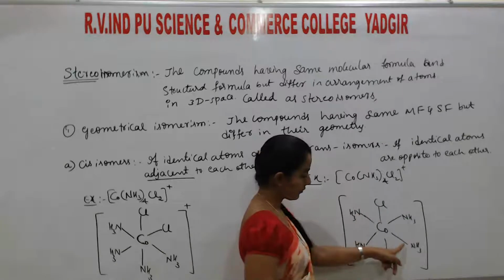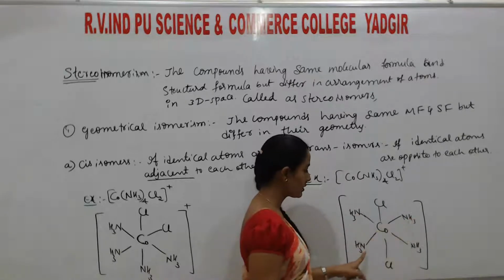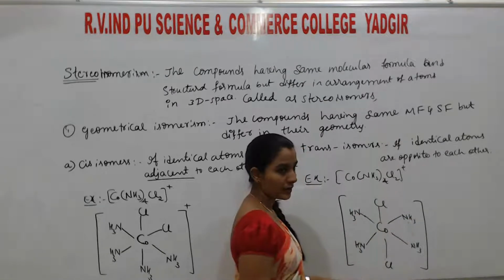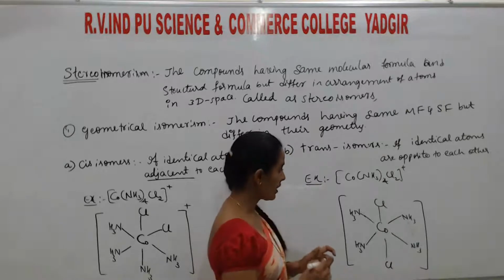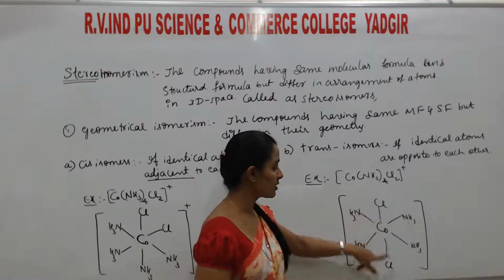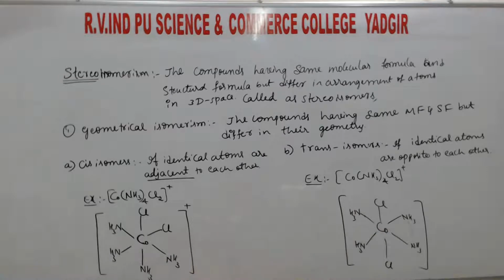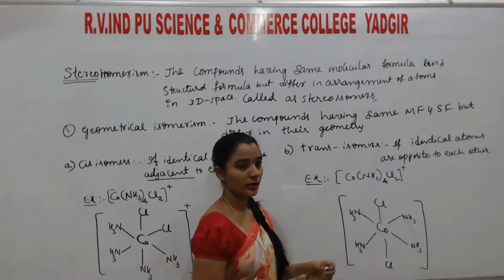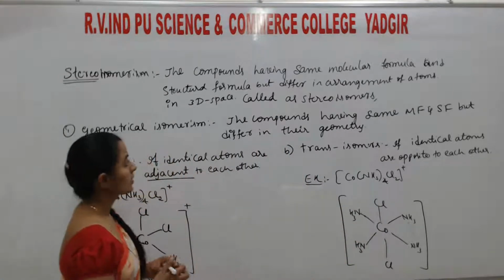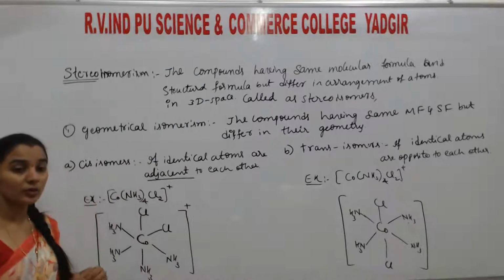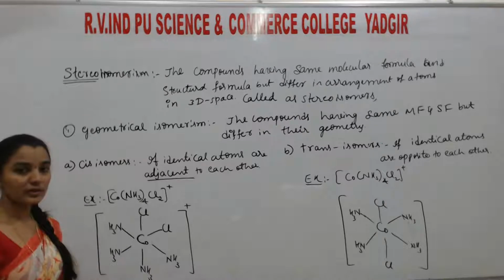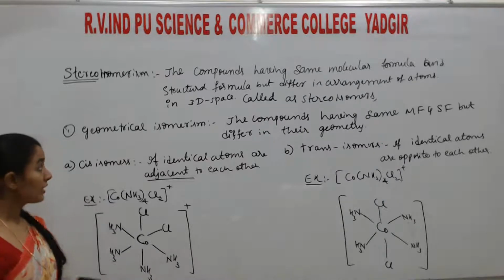If you consider this, of course this becomes opposite. So that's why this constitutes a trans isomer, meaning the identical ligands are opposite to each other. Understood? So this is one type of isomerism, that is geometrical isomerism, in the arrangement of atoms in three-dimensional space.